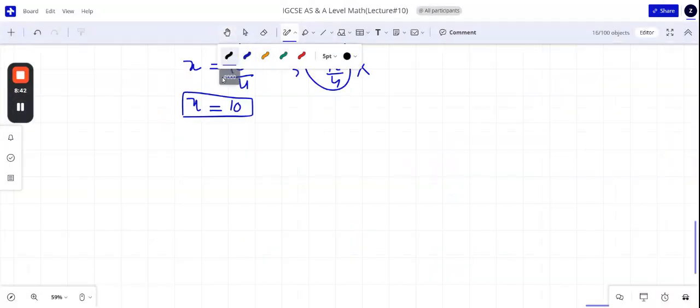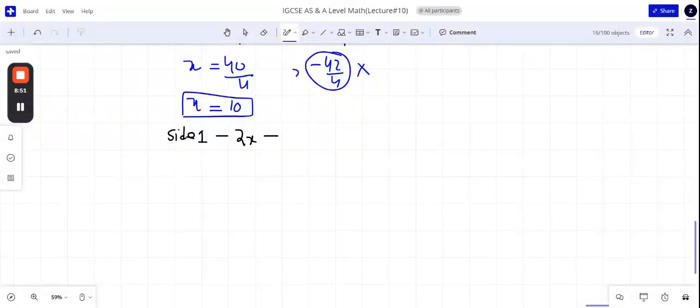Side 1, which is the opposite, is 2x. Now we substitute the value to get the exact length: 2 times 10 equals 20 centimeter. Side 2, which is the adjacent, is 2x plus 1.